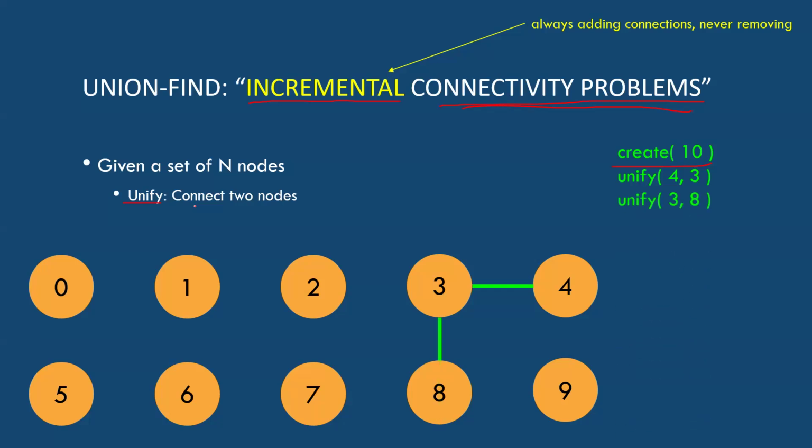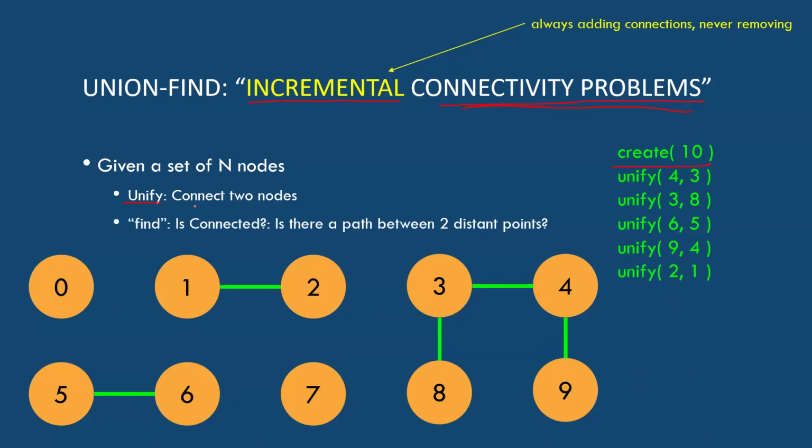So the more I unify, you can see the groups form dynamically, okay? And even though you and I can see the edges, the union find data structure, as we're going to see here in a second, just doesn't have any knowledge of the history of those edges. But it will remember who's in what group. And you can see that eventually, if I unify enough, it starts pulling these smaller islands together into bigger and bigger islands.